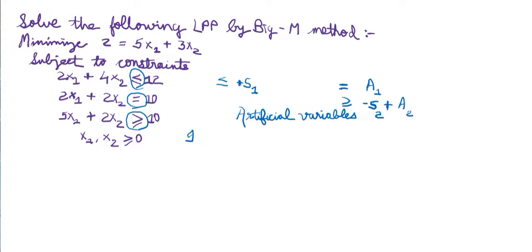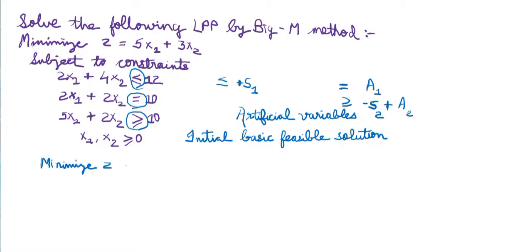So here our initial basic feasible solution will be obtained by x1 = x2 = s2 = 0. And firstly, let's write this.